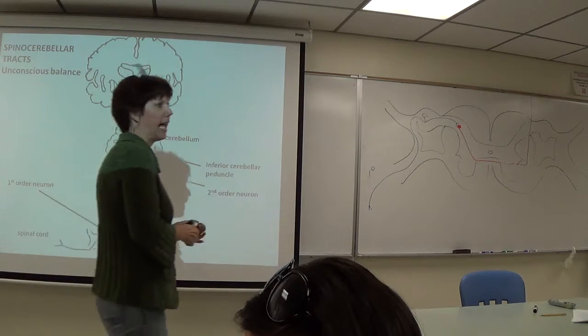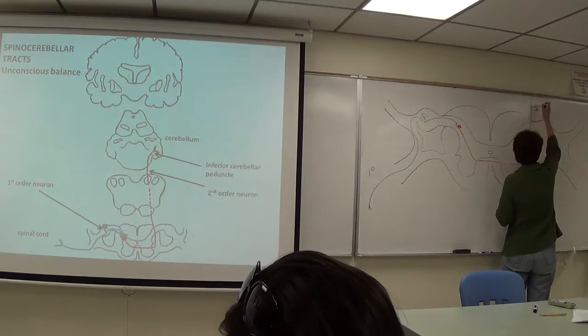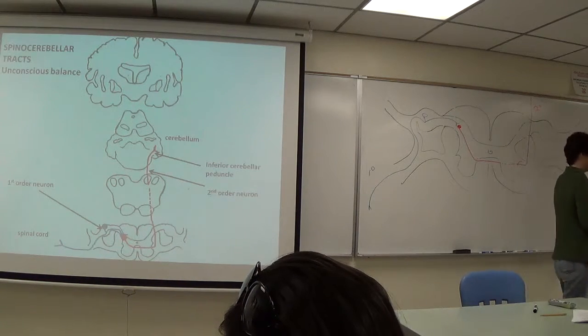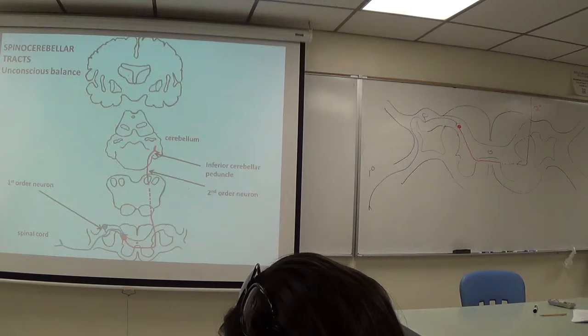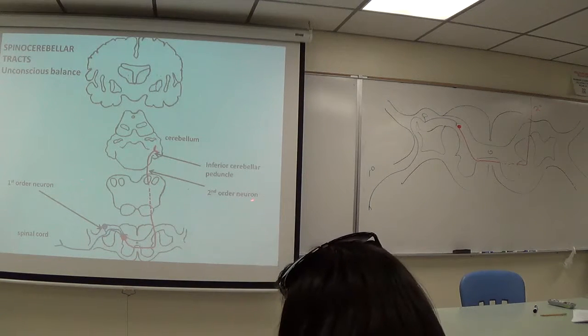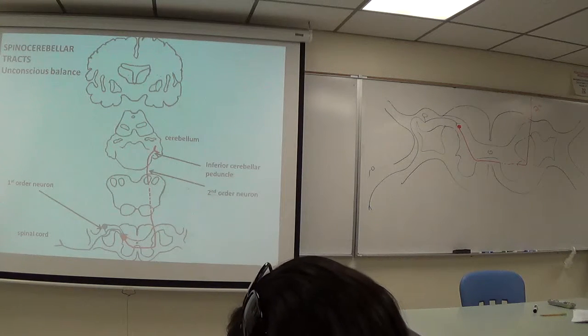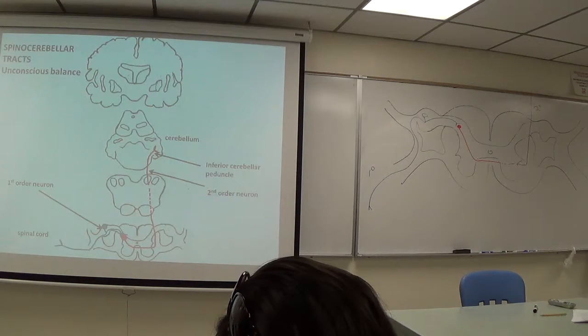So just like the lateral spinothalamic tract, the spinocerebellar tract has second order neurons. But instead of going up to the thalamus, when it gets to the pons, it goes into the cerebellum, and guess what it forms as it's going to the cerebellum? The inferior cerebellar peduncle. Told you guys would have heard most of these words before.